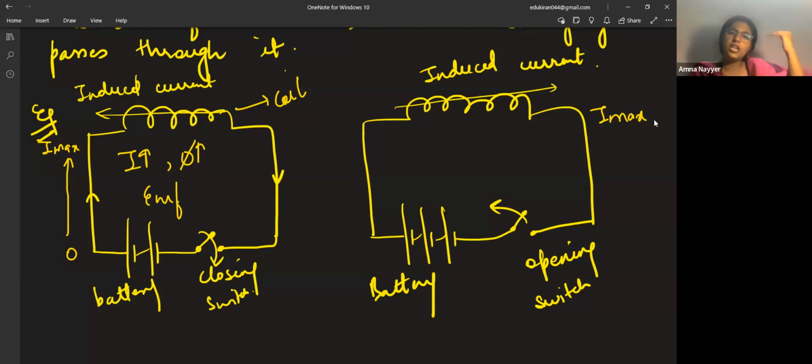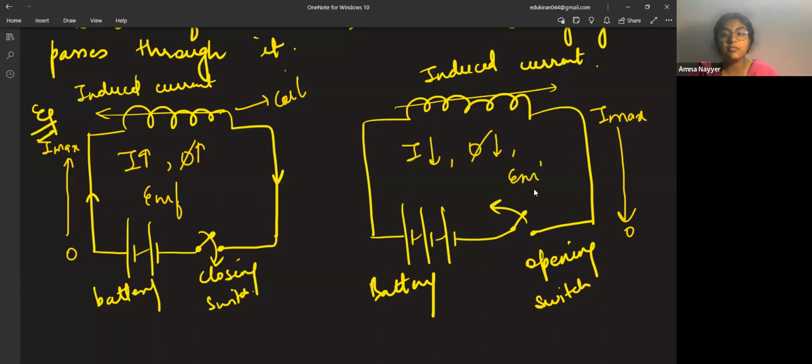If the initial value of current was 5 amperes, now that the switch is off, slowly from 5 amperes it will become 4.9, 4.8, 4.7, till it decreases to 0. Current is decreasing, flux is decreasing, again changing flux, so EMF will be produced in the circuit. That's all you have to remember in the theory part of self-induction.